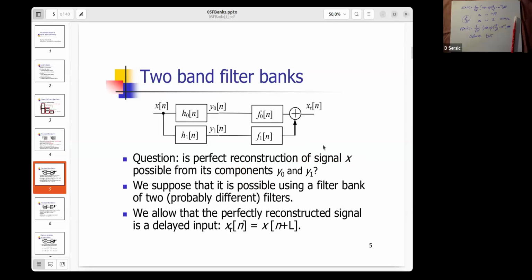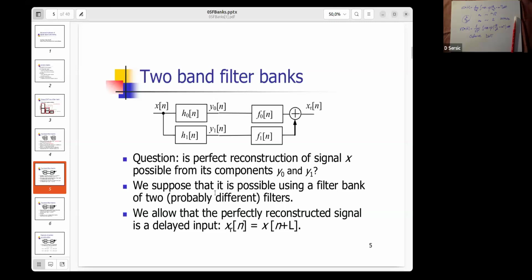So let's start from some very simple examples. If our filter bank has two filters, the question is whether the information is preserved or not. And the best answer is that the information is preserved if perfect reconstruction is possible. So on the left-hand side, we can see two filters in the back.